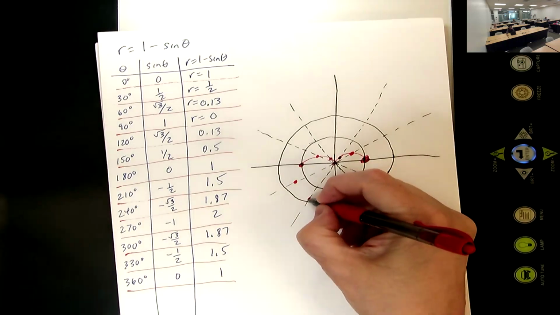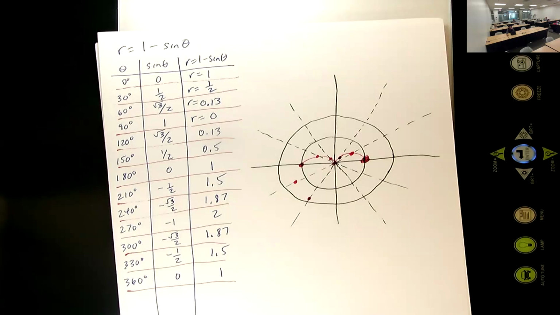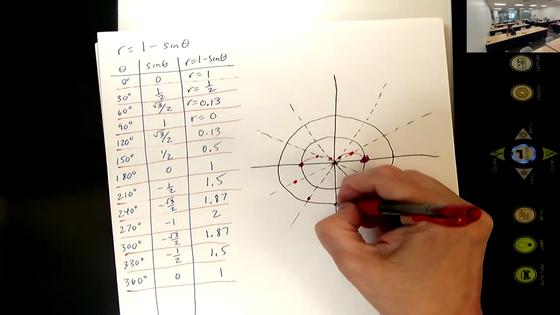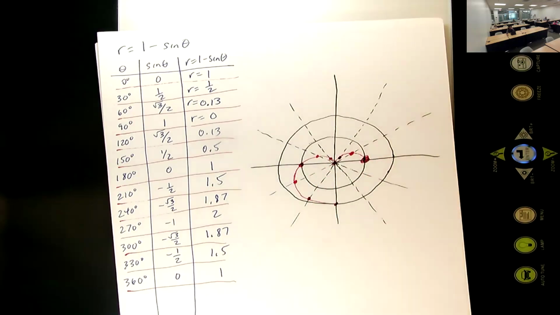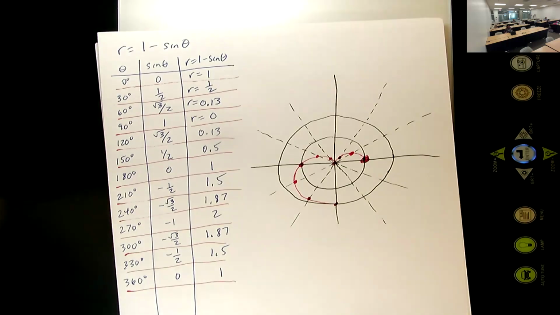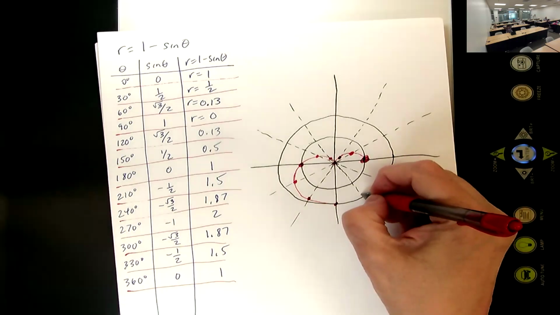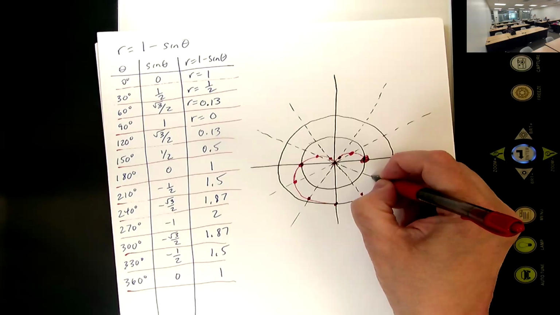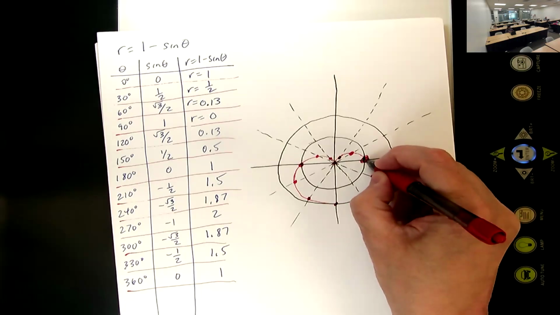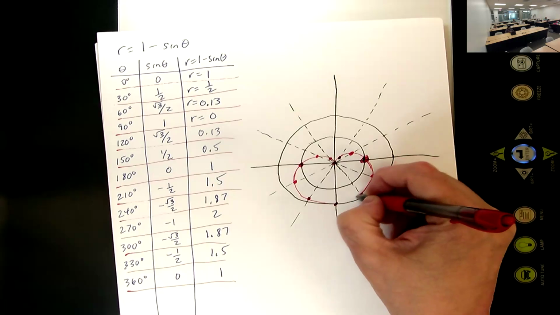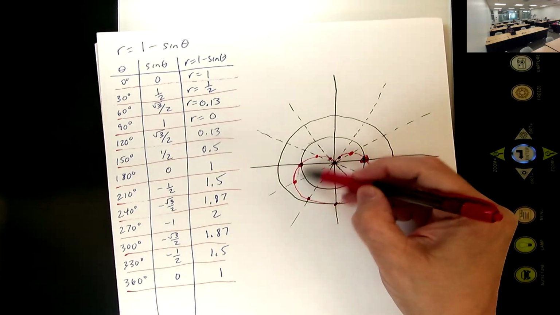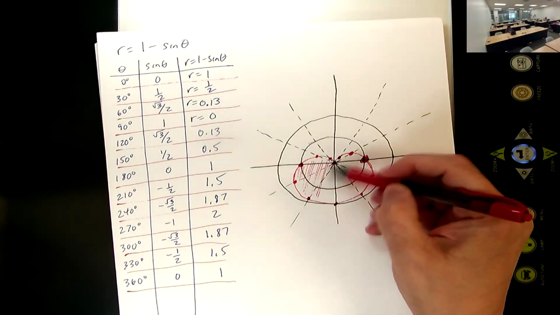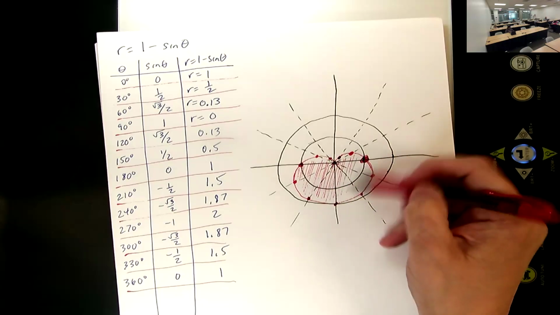At 240, we're close to the second ring, 1.87. And at 270, we've made it to the second ring. You'll see these are often symmetrical in a way. I have a nice little heart shape.